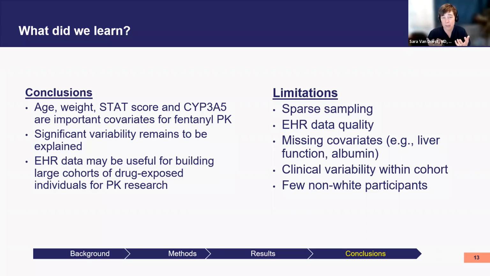We've modeled a little bit of that by using that STAT score, but that probably doesn't completely explain that clinical variability. And then again, I pointed out that we had predominantly white by self-report and likely European ancestry individuals, and that limits our ability to generalize across diverse populations, which is a really important limitation that we need to work on doing better throughout our field.